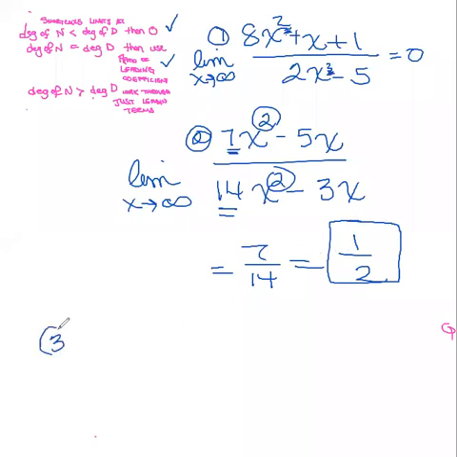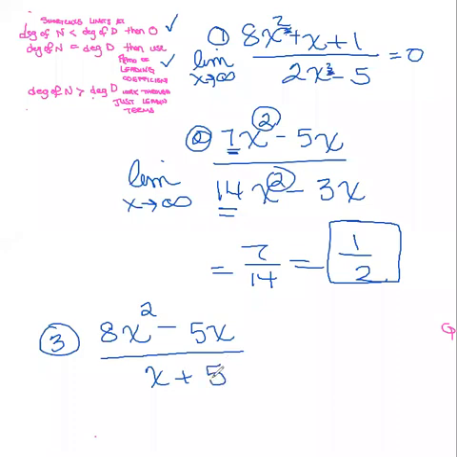And the final type of example that I want to show you is the last kind. And say I have 8x squared minus 5x all over x plus 5.